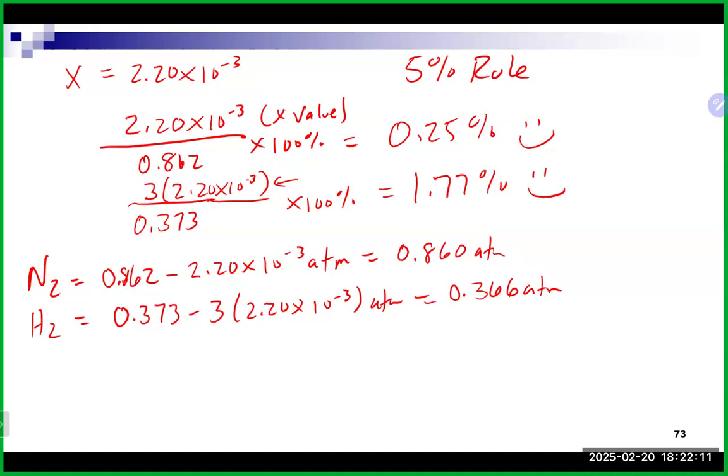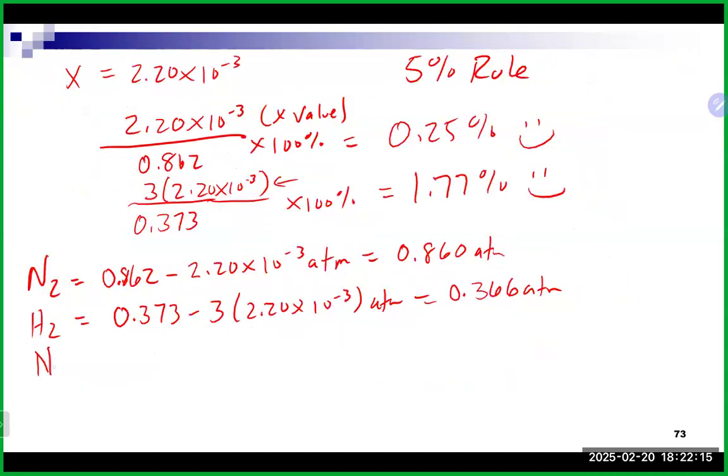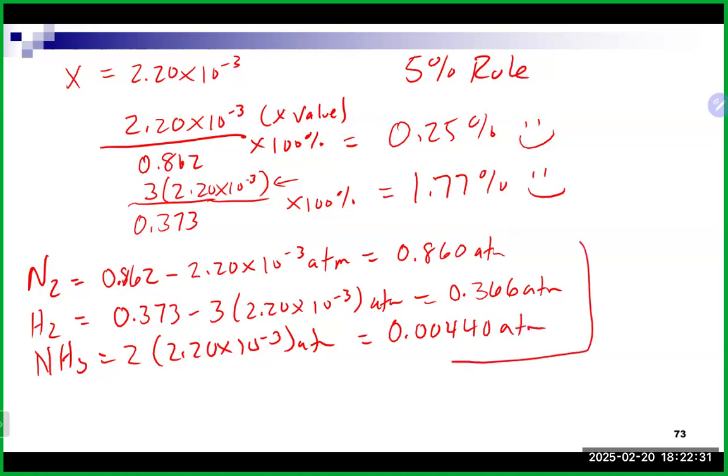And lastly, our NH3 is just 2x. So our NH3 is 2 times our x value. And once again, those are atmospheres. So 2 times 2.2 times 10 to the minus 3, 0.00440 atmospheres. And those would be our partial pressures.